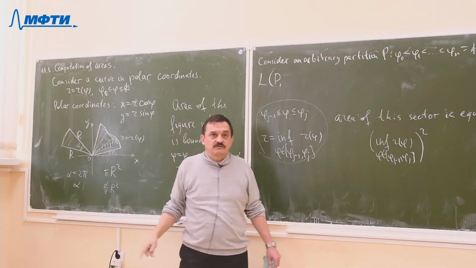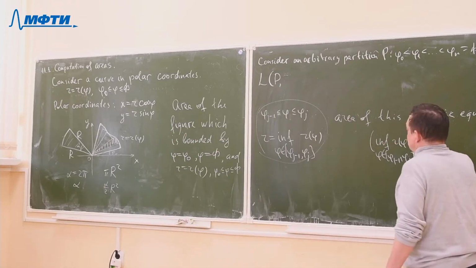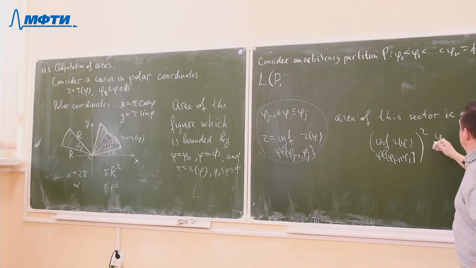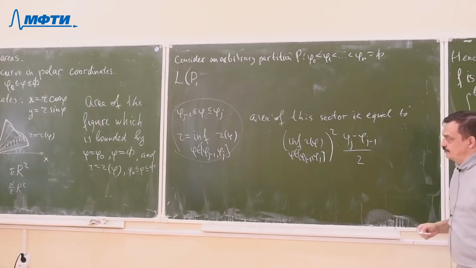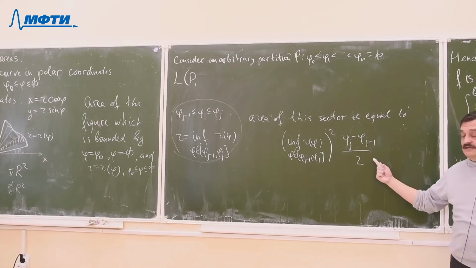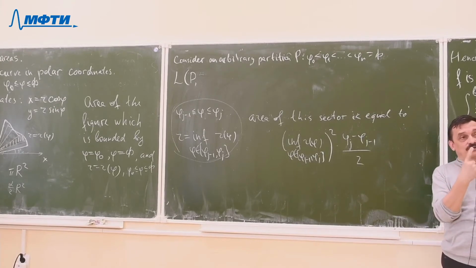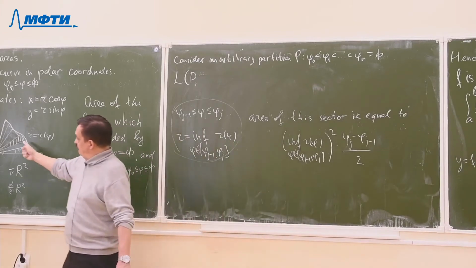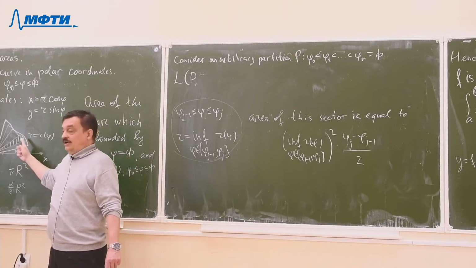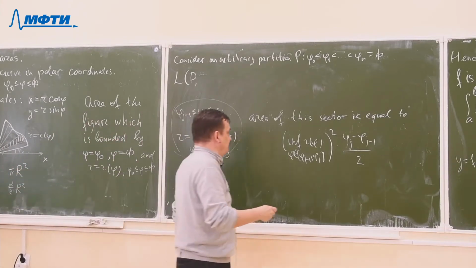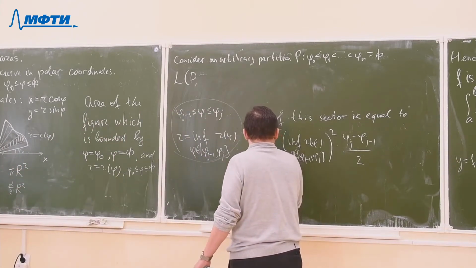The angle is the difference between phi j and phi j minus 1, over 2. That is one term, the area of this sector. And if we add all of those sectors, then we obtain this sum.